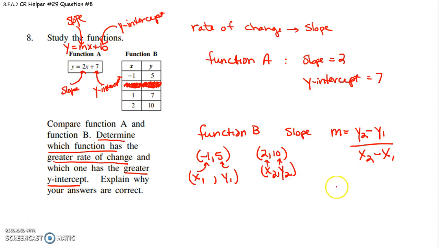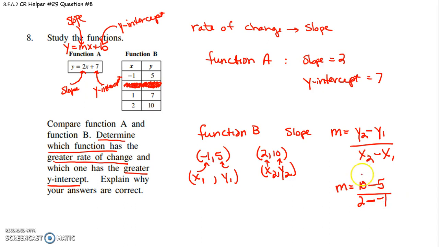All right, so now I'll just plug in. M equals y2, which is 10, minus y1, which is 5, over x2, which is 2, minus x1, which is -1.